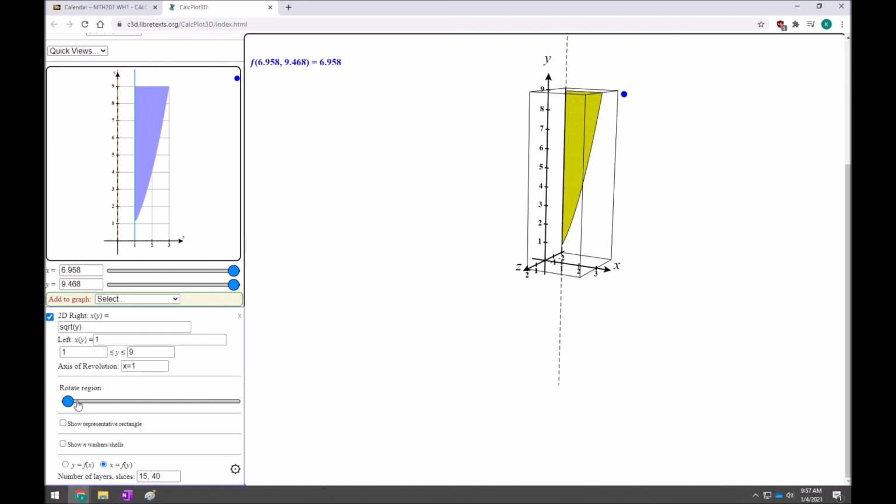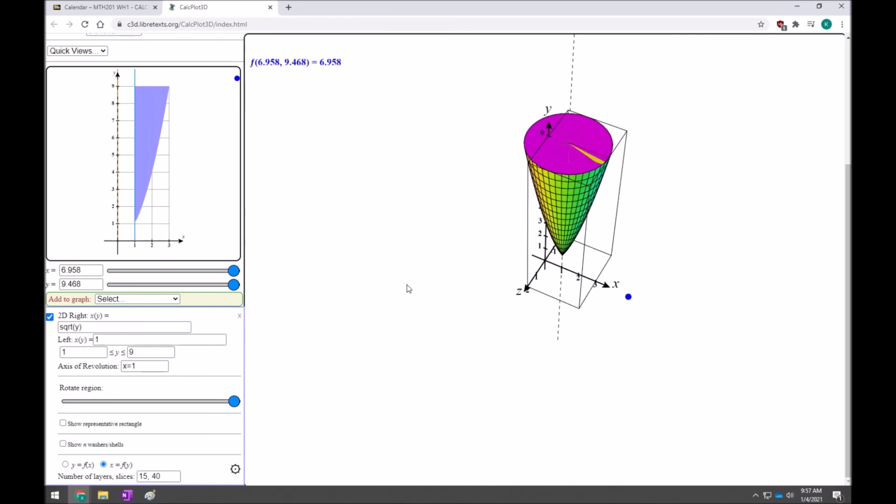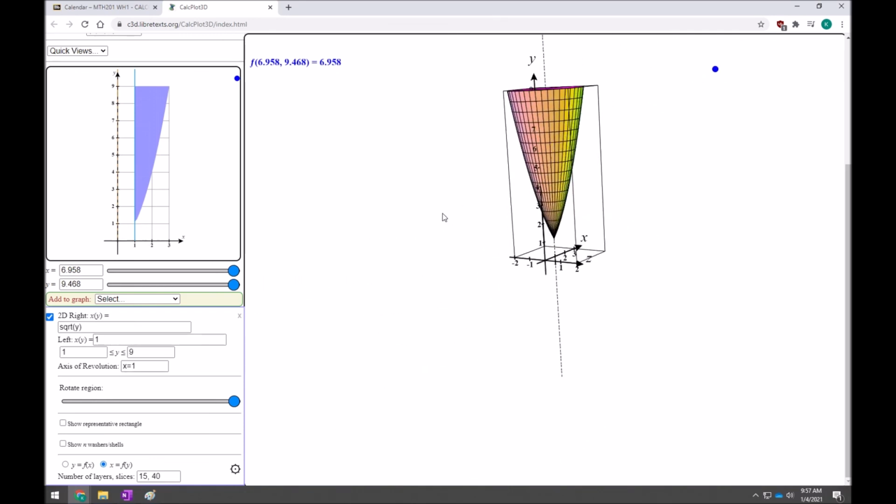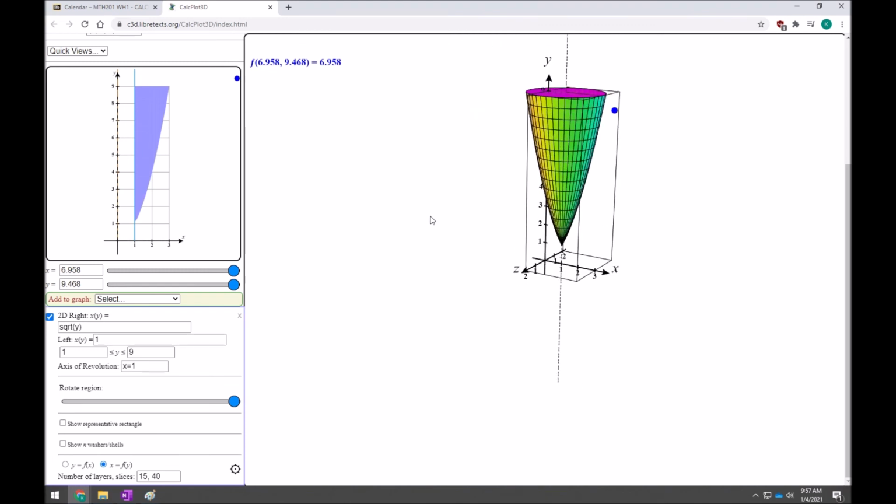If I imagine doing this at every single point and rotate the entire region around, here is the solid that I end up with. This is the solid, and we're interested in figuring out how we can find the volume of that solid.